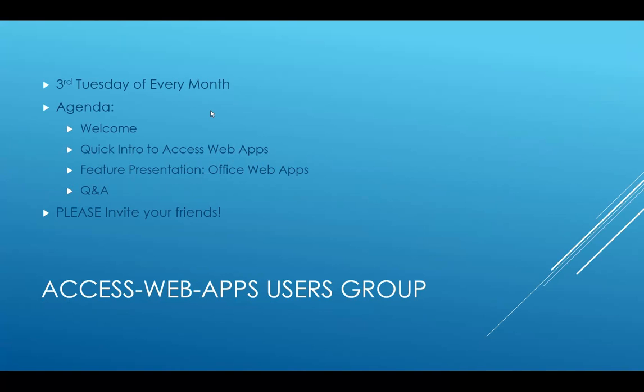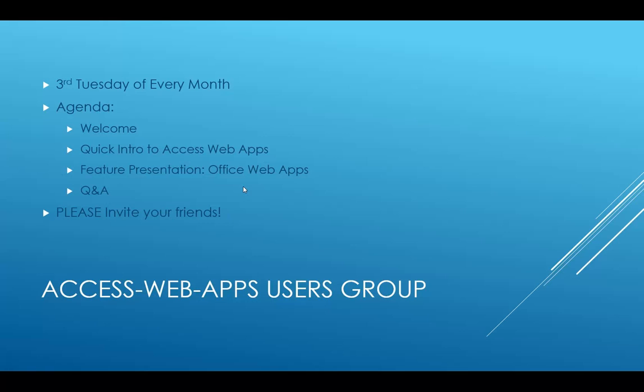I want to spend maybe 10 or 15 minutes for people who haven't seen what Access web apps are, or are interested in web apps as they compare to Access client desktop databases. Then we're going to have a feature presentation that normally takes about 40 to 45 minutes, and tonight we're going to be talking about Office web apps. And then we're going to have a little Q&A as well, so people can bounce ideas off of each other. So please invite your friends.